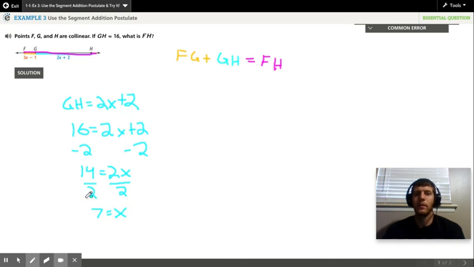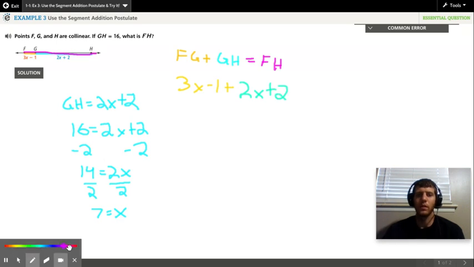Okay. Now that we know x, let's substitute our expressions into this equation here. Okay, so let's do FG. FG is represented by 3x minus 1, plus 2x plus 2. And then we don't have anything for FH, so we're just going to leave it as FH.